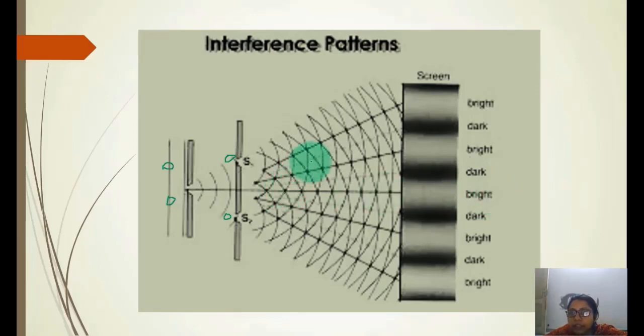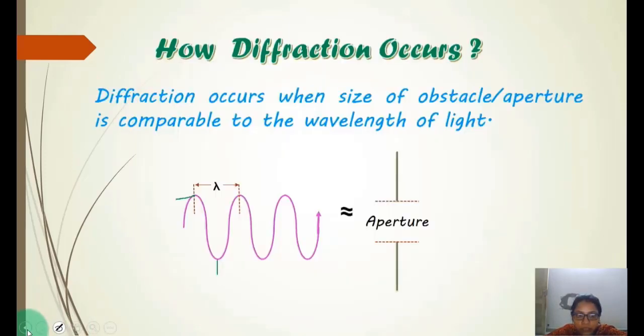And the next bright ring or fringe which is appearing is because the crest of one is falling over, not the crest. Crest is the region where the light intensity is maximum. Here you see, this is not the crest part. The crest part must be the central region of this. So this region is not the crest part, it is somewhere between the crest and trough. Suppose this is the maxima, the crest of one is falling over here, and for the second, this part is falling over here.